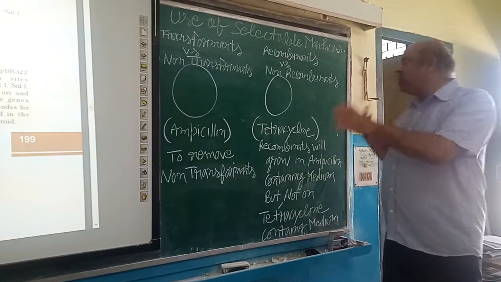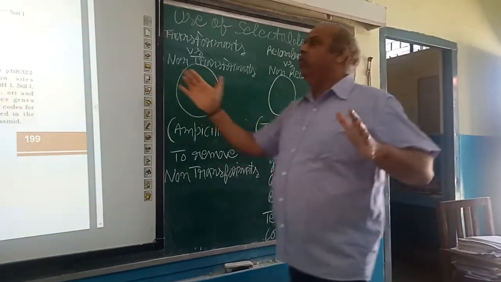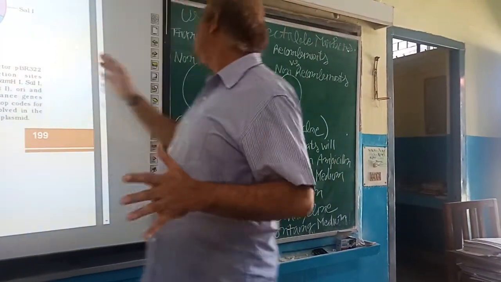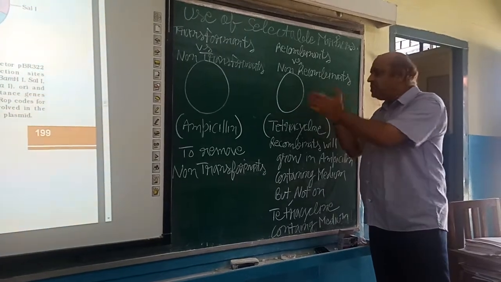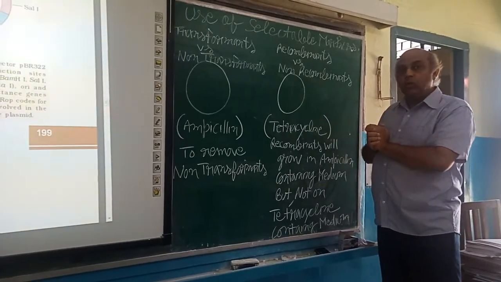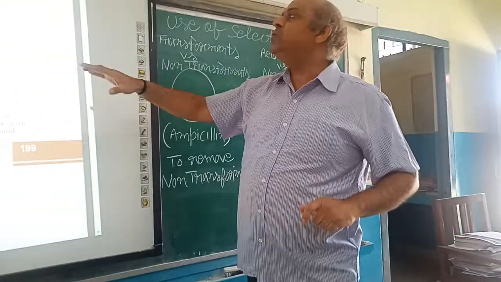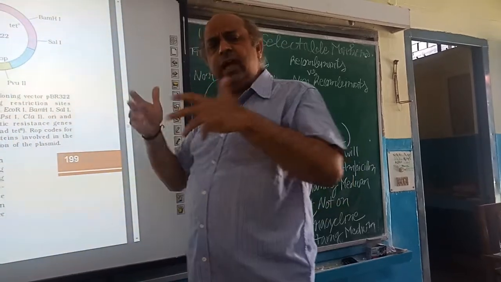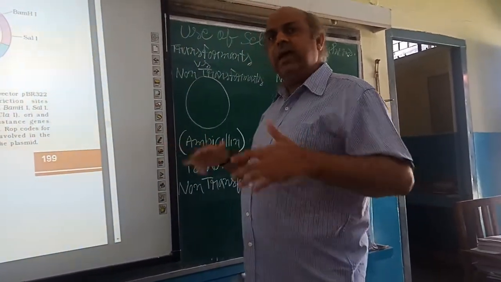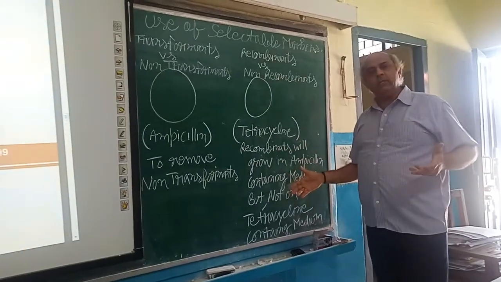Those bacteria which have the normal type of plasmid will survive in this culture medium. But those bacteria that have the plasmid which has the recombinant DNA, the foreign DNA, will not survive in this culture medium.